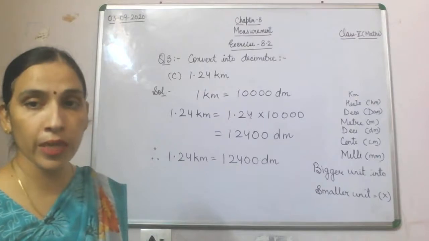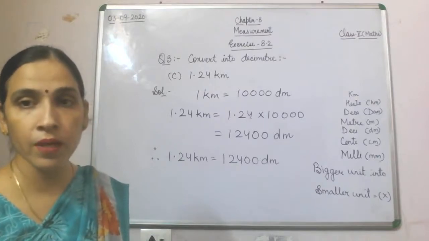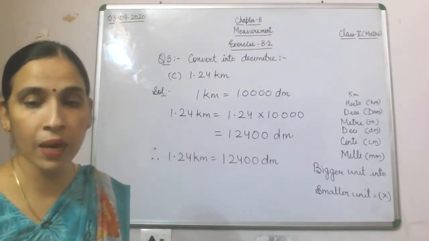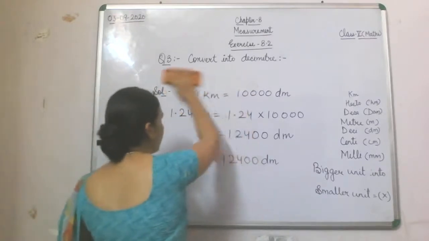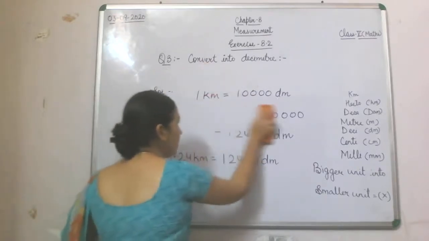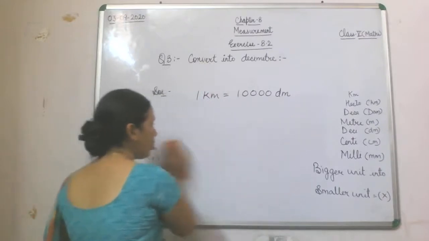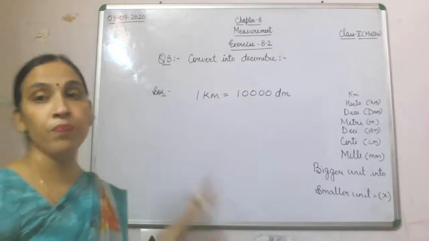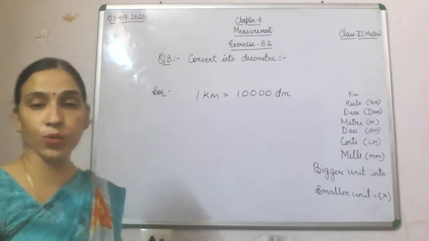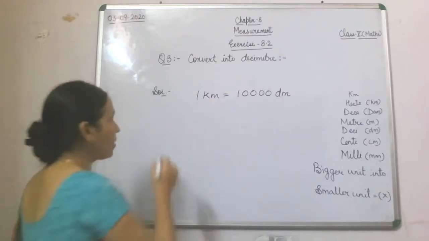Now we are going to take our D part, which is again in kilometer. Now this I am not going to erase because the same relation we are going to use in D part also. Now what is that D part?